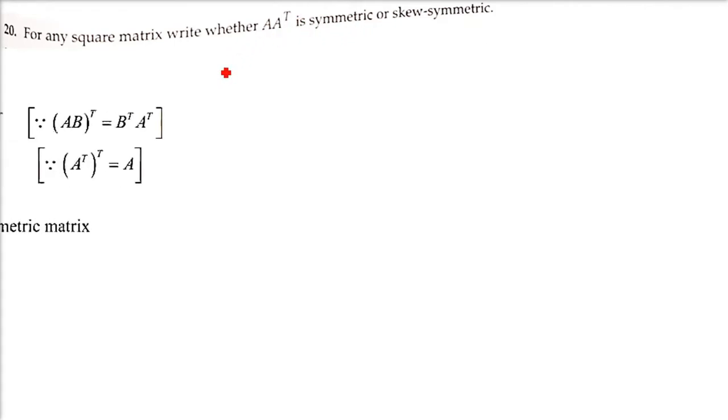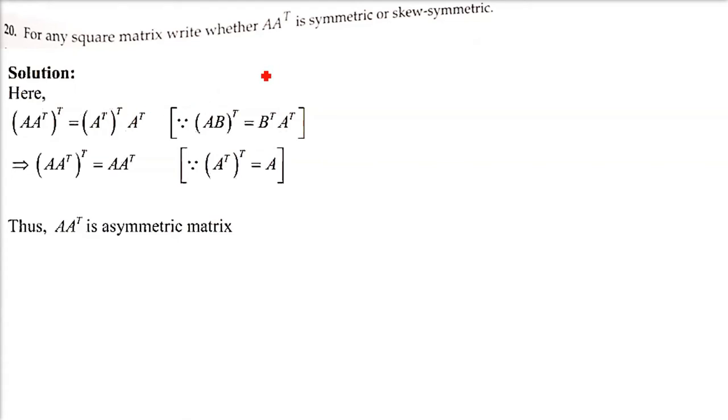For any square matrix, write whether A into A transpose is symmetric or skew symmetric. So we have just seen this, now we will use A A transpose. This is the matrix which we have to tell whether it is symmetric or skew symmetric.